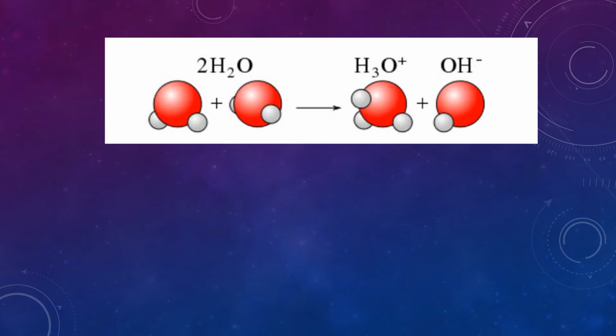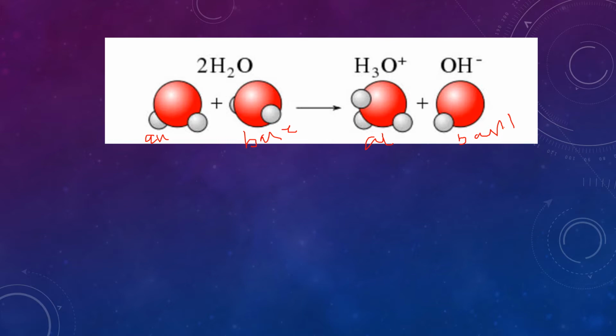We can take this as acid 1, this as base 1, because according to Lewis it is donating electrons, then this is acid 2, and the products are base 1 and base 2, acid 1 and acid 2.